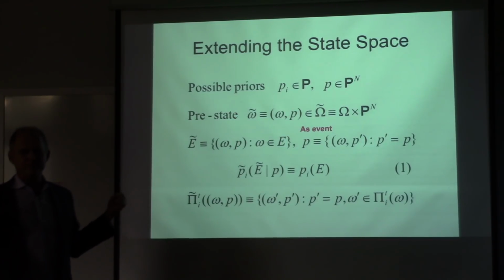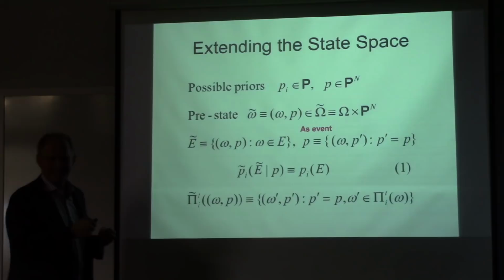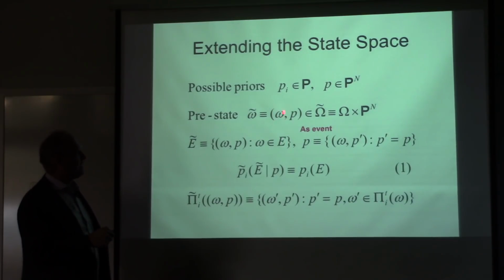And we're going to just put pre in front of everything to make the extended model. So here, the key idea is we combine an ordinary state with a choice of who has which priors. So the p says who has which priors, this says the ordinary state. We combine those together to get our state in this larger extended space. And so that is in the extended space of the product of the original states and all the priors.